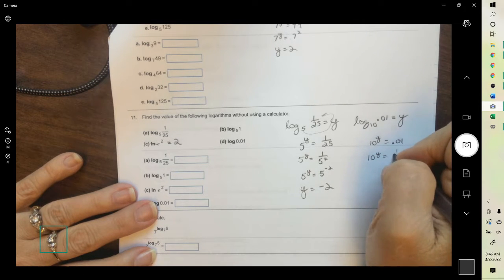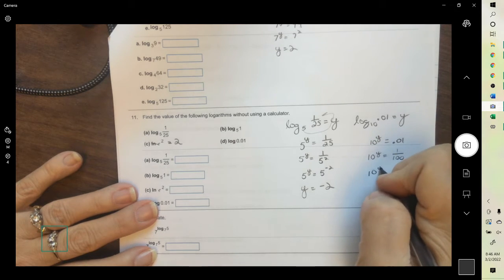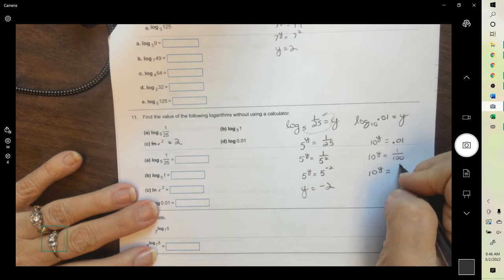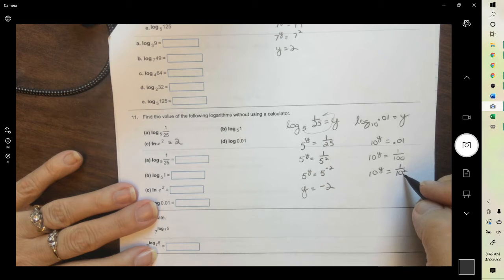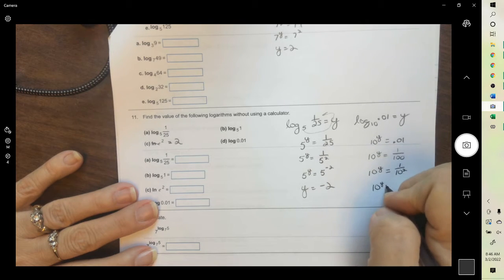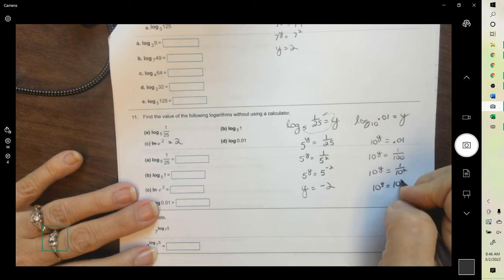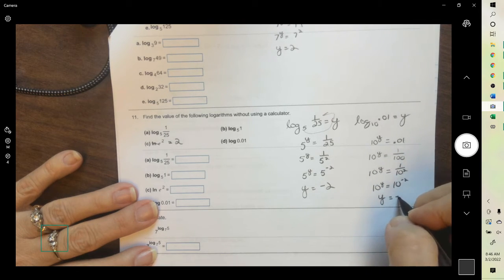This would be 100th, which can be written as 10 to a power. But now it's in the denominator, so we need to move it up. Bases are the same, y equals negative 2.